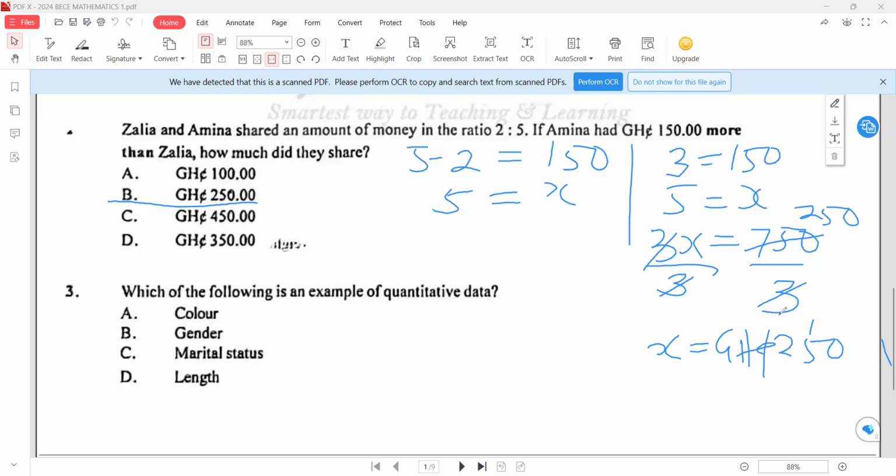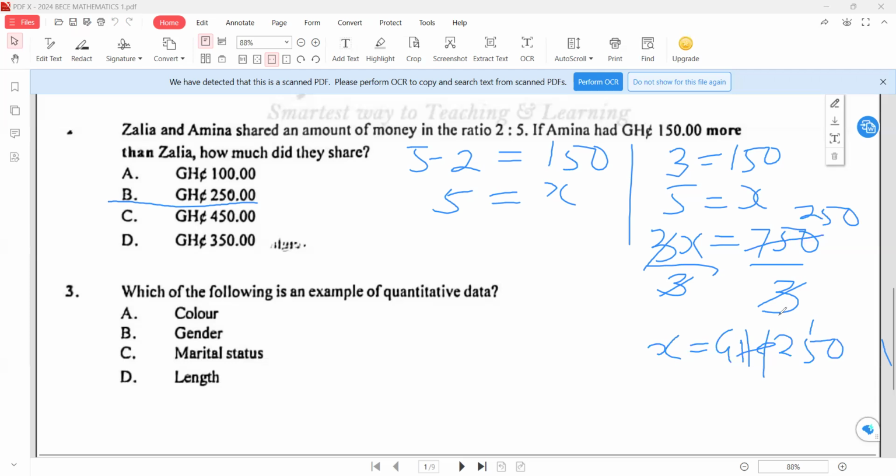The following is an example of quantitative data. Now, data can be categorized into quantitative and qualitative data. When we say quantitative, from the word quantity, data that deals with numbers, numerical data, is quantitative data. Qualitative has to do with quality. It deals with feelings, emotions, and anything that does not deal with numbers. Color, red or green, is qualitative.